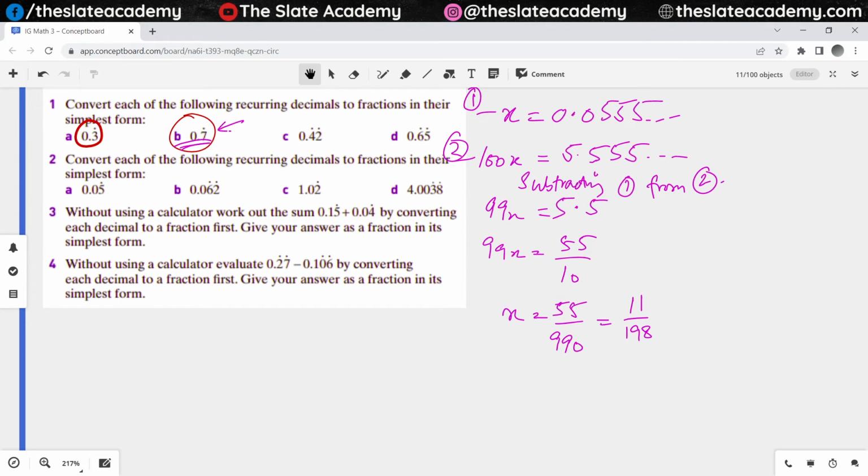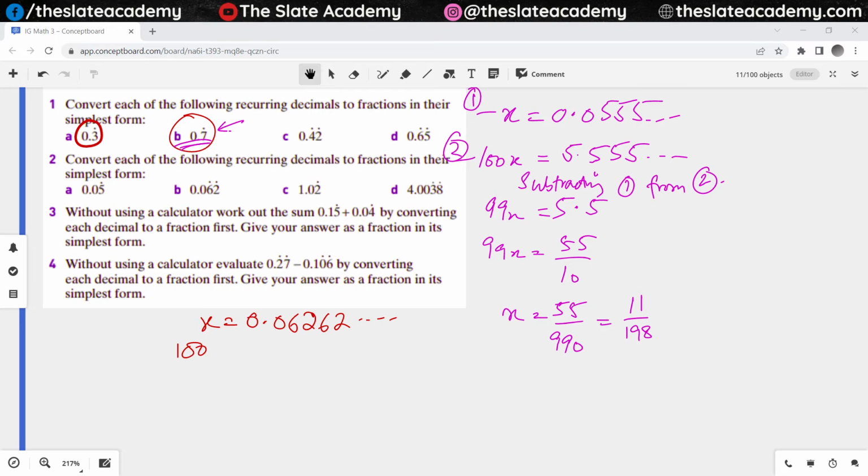So we have 0.062 recurring. Okay. So x is equal to 0.06262 onwards. So if I make it 10x, let's make it 100x.